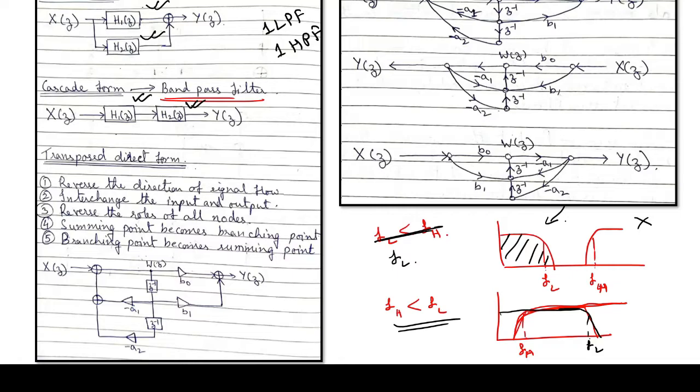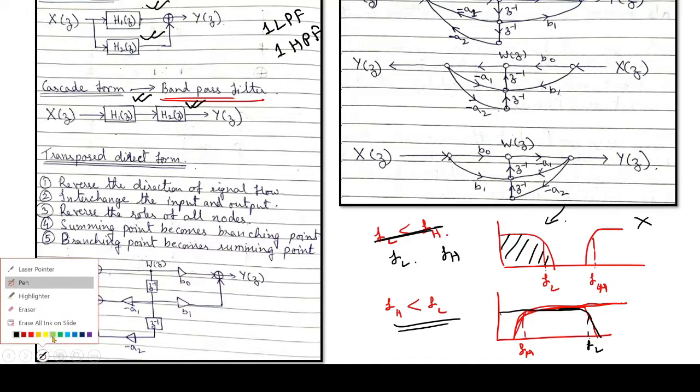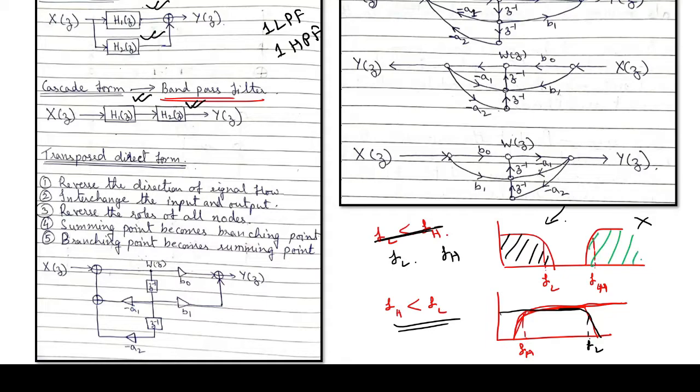On the other hand, if I pass the signal through the high pass filter, this will pass through, and the low pass component will be completely vanished.